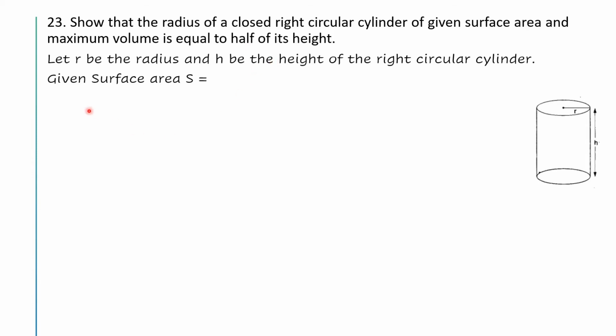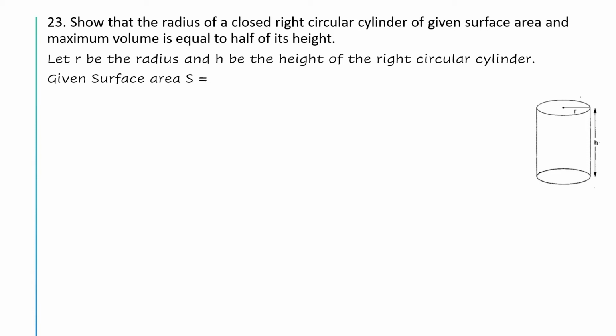So let us take, let R be the radius and H be the height of the right circular cylinder. So here it is given a closed right circular cylinder of a given surface area. So here the surface area is given. Let us take it as S.